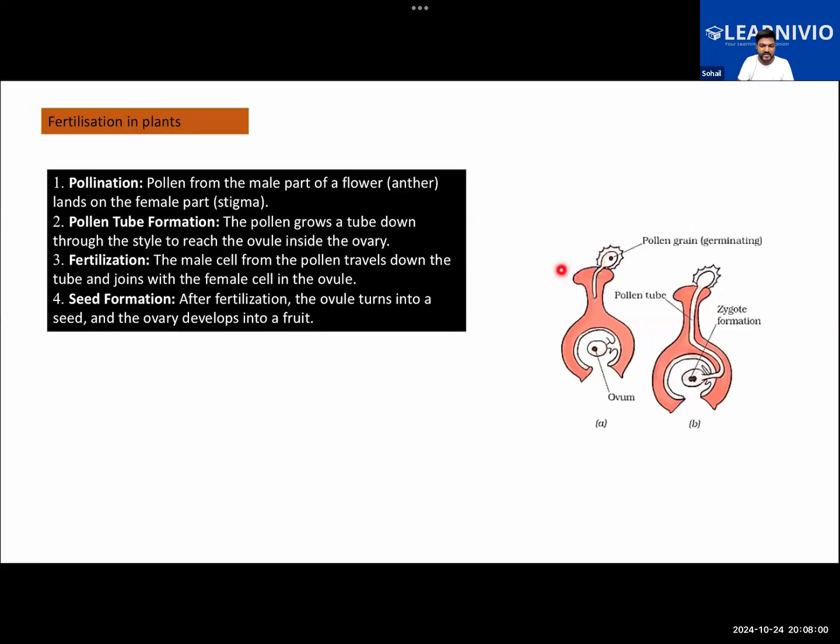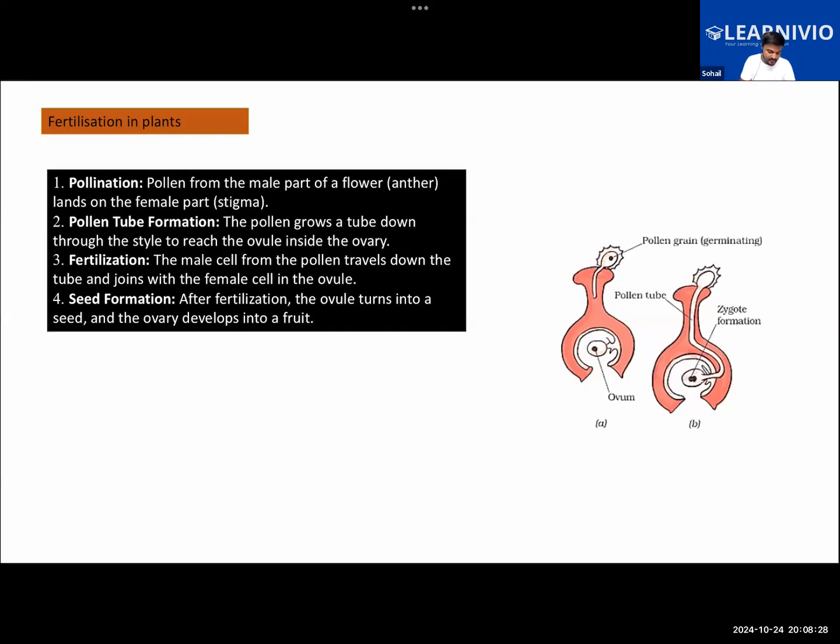In the male part of the flower, and the stigma is present in the female part of the flower. So pollen grain will be transferred from the anther to the stigma. We have also learned that it can occur in two ways, self pollination and cross pollination.